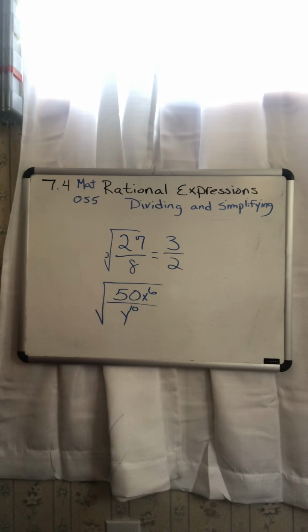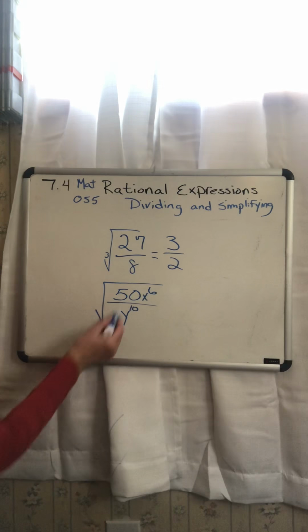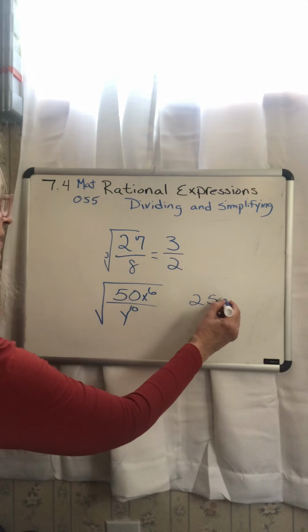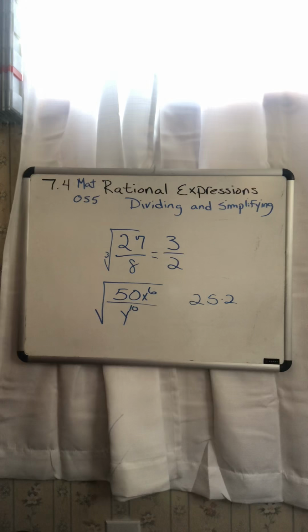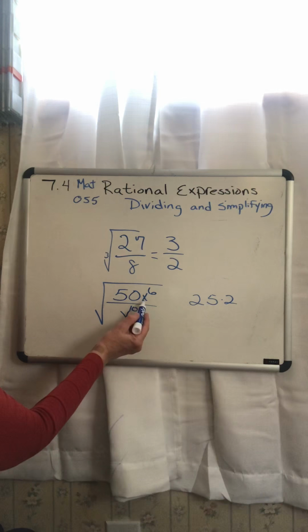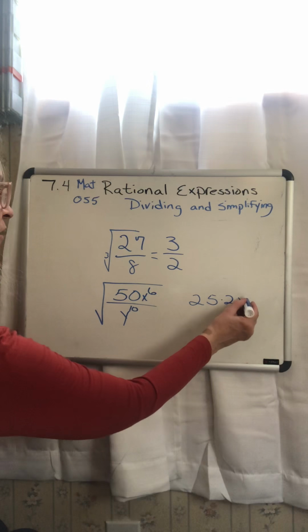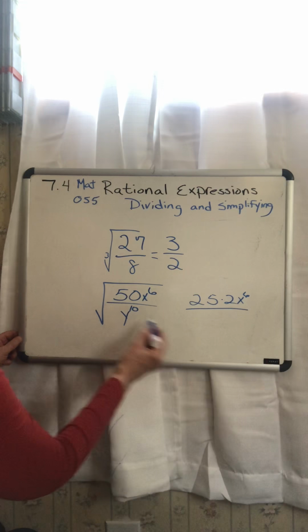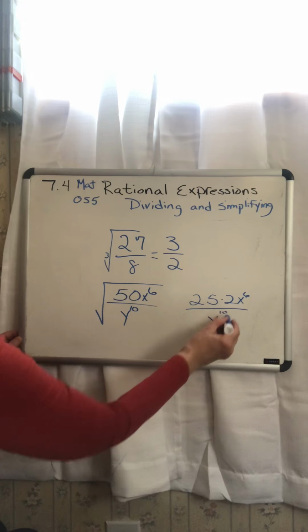Okay, so nothing to divide, but 50, if we factored it, we would have a perfect square because 25 times 2 is 50 and 25 is a perfect square. X to the 6th is also a perfect square because it's an even number, and y to the 10th is also a perfect square.